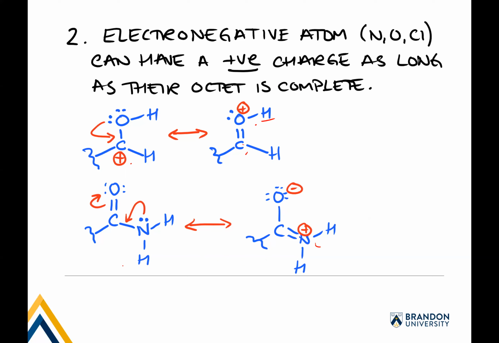Now, we notice that this resonance structure for the second one wasn't drawn. So if we forgot about this arrow, if we erase this arrow here, and we decided to do this, move these electrons up, carbon's got a positive charge.